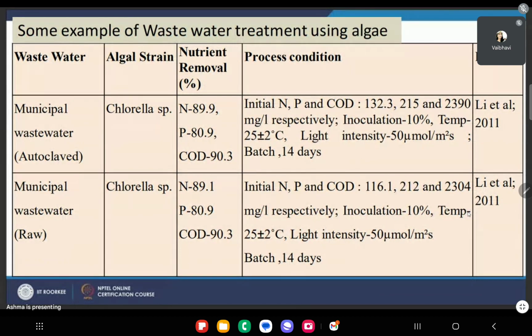Next, here is an example of wastewater treatment using algae. First we can see municipal wastewater sewage. Here the algal strain used is Chlorella sp.